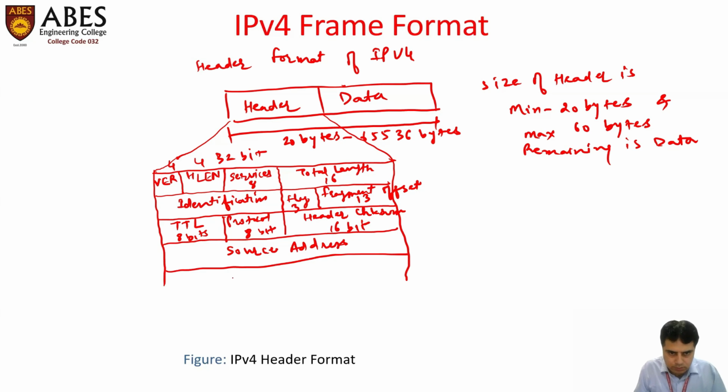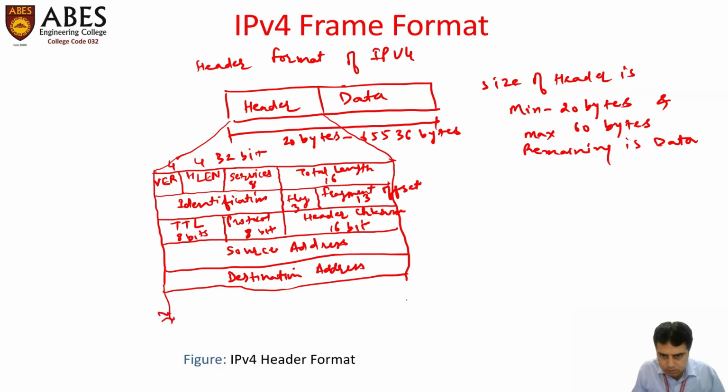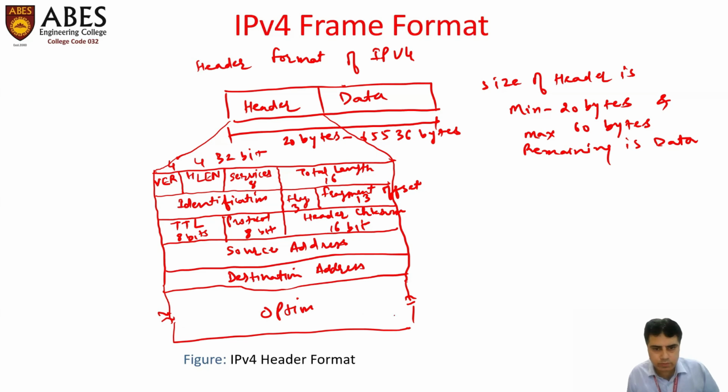Then another 32-bit field is the destination address. After that, there is a variable length option field. This is the IPv4 header format. Now, one by one, we will discuss each field in detail.